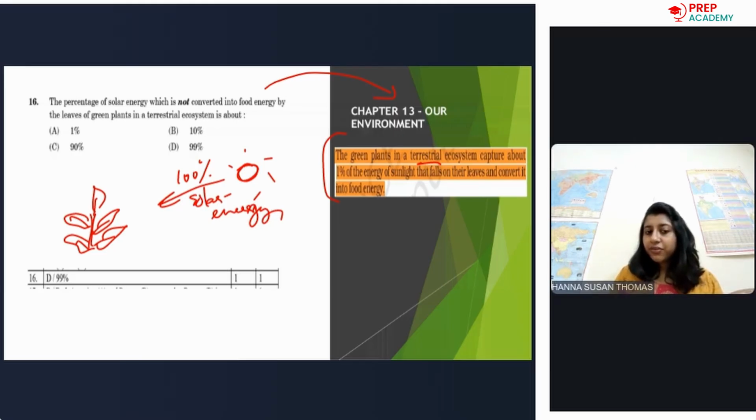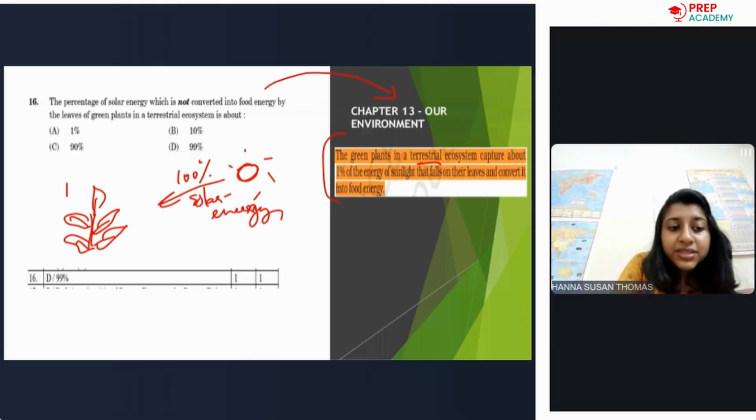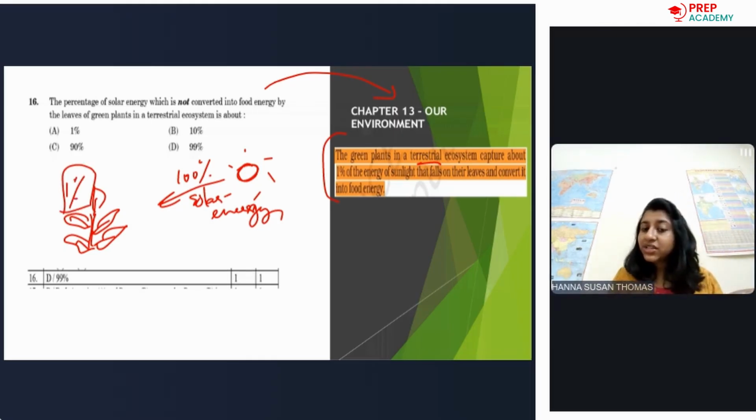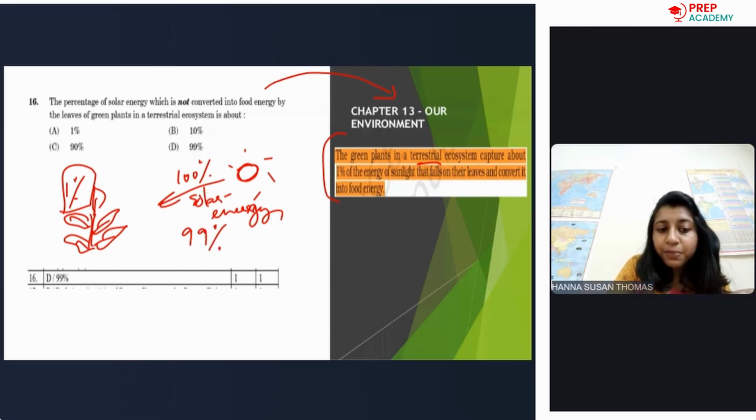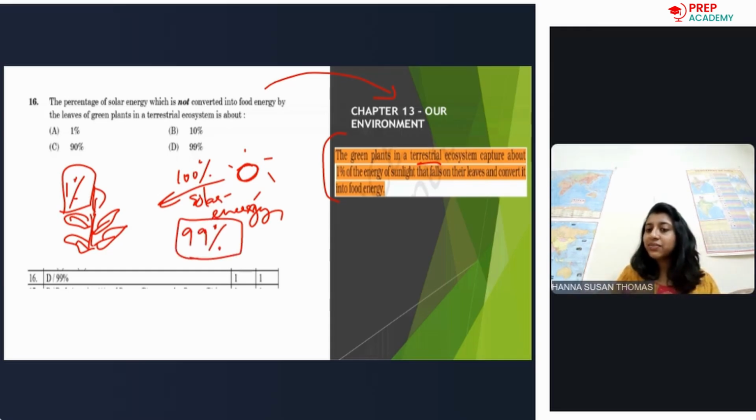But from this 100% of solar energy, only 1% is utilized by the terrestrial green plants. That means the rest, 99 percent of solar energy, is wasted, right? Now look into the question.